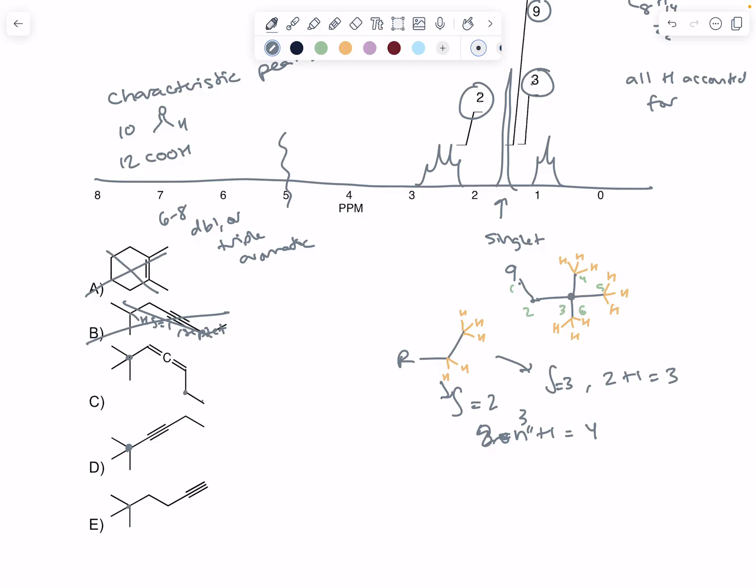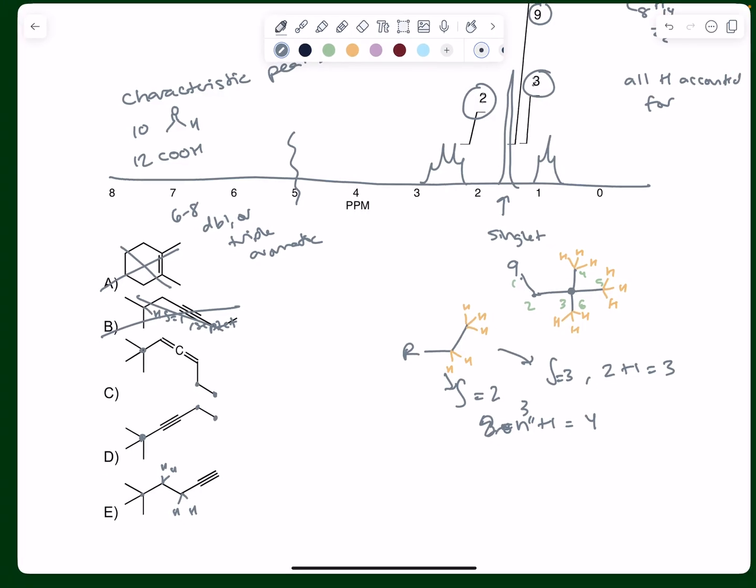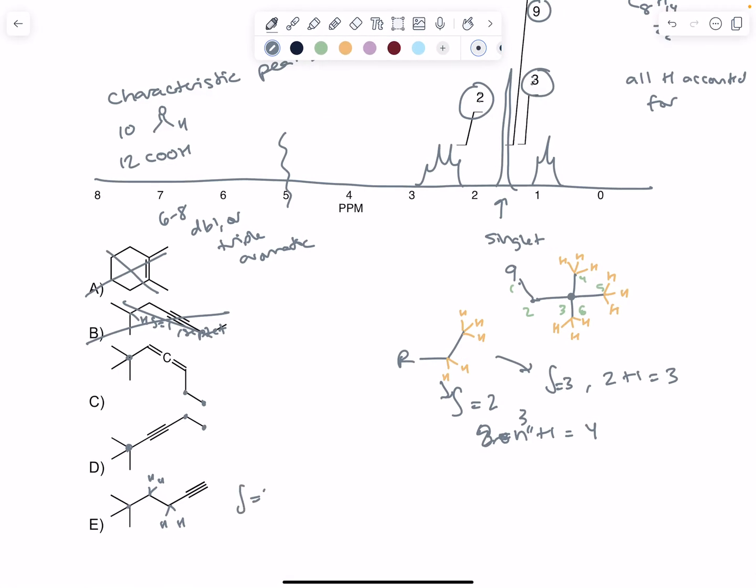This one has my ethyl, and this one has my ethyl. This one has my tert-butyl, but it doesn't have an ethyl. These 2 hydrogens and these 2 hydrogens would split each other, and it would be an integral to 2, and they would both be triplets. We don't have that.